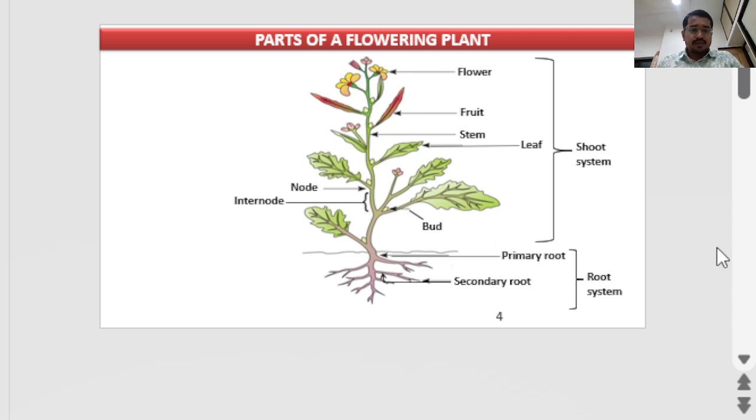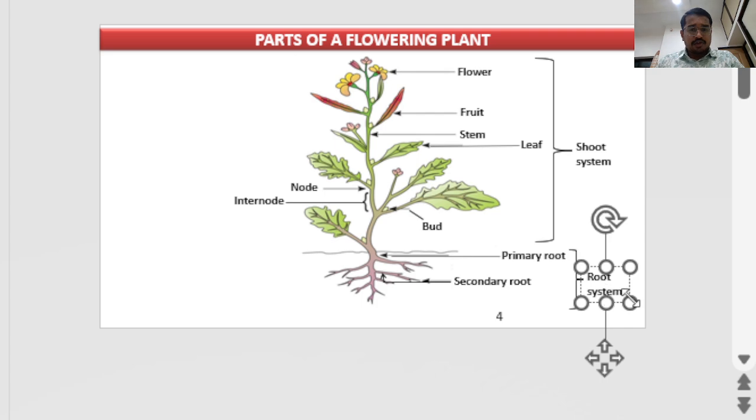Let's move on. Now we are going to discuss the parts of a flowering plant. Here we can see any plant body is made up of two different systems mainly. One is the root system and another one is the shoot system.